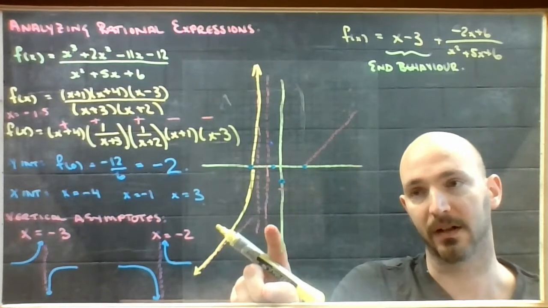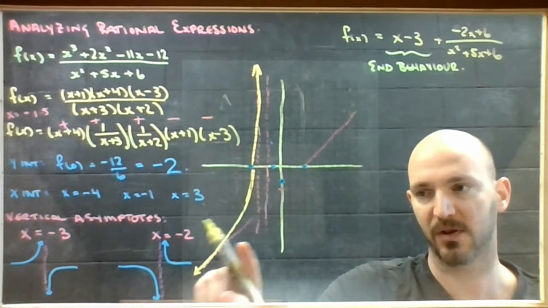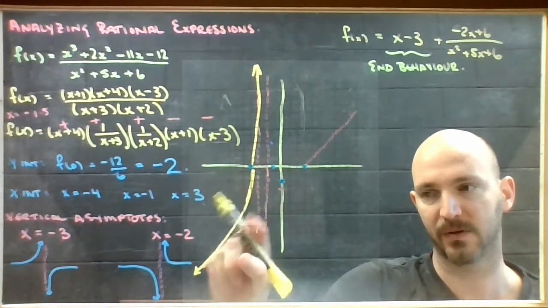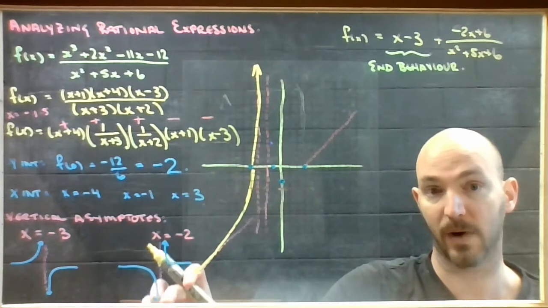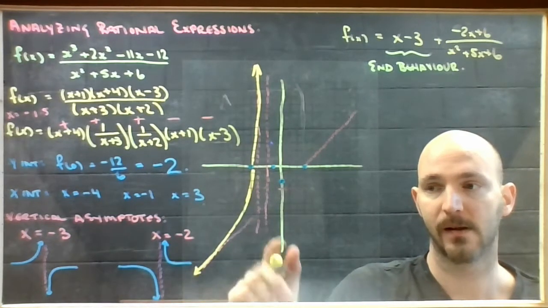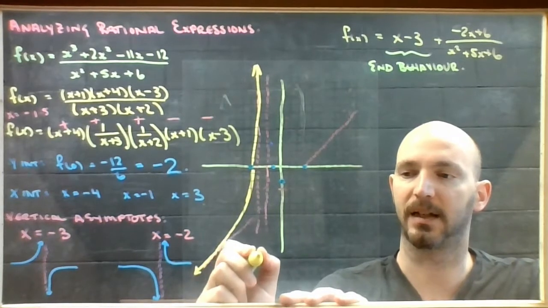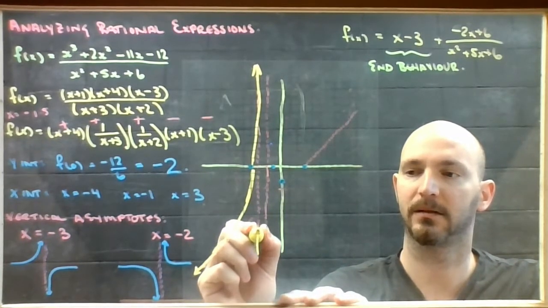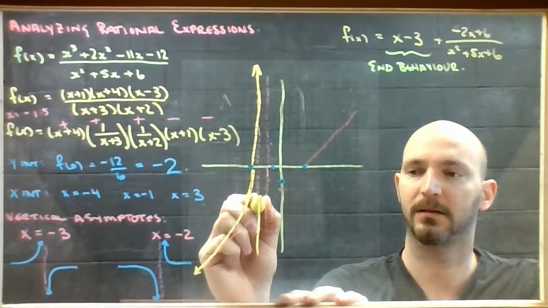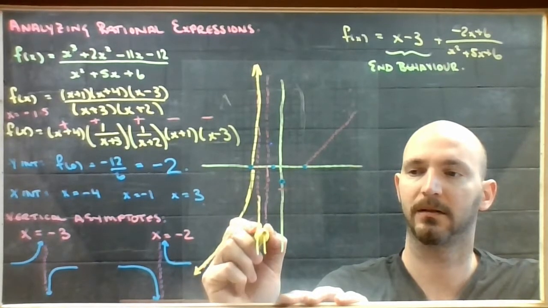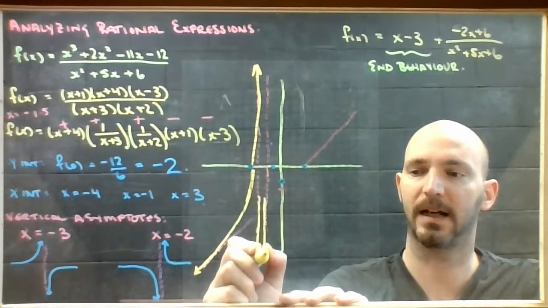In between here, do you see how I'm supposed to ride up this asymptote from below and then go right back down again? Well, if I draw something like that, it would look like that.